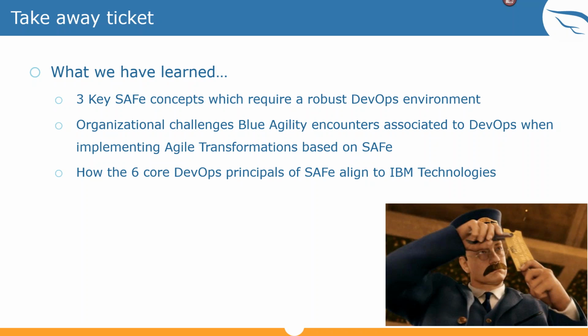And then we talked about these six core DevOps principles of SAFe that align to the IBM technologies, and like I said, the other technologies as well, and how these core principles require the teams to examine, before you're implementing SAFe, preferably before, how the impact is going to be on your organization, so that we can have that race car waiting for you when you've gotten your training to be a race car driver. How can we get as much of that in place, or at least acknowledge that we need to have a roadmap to get there?